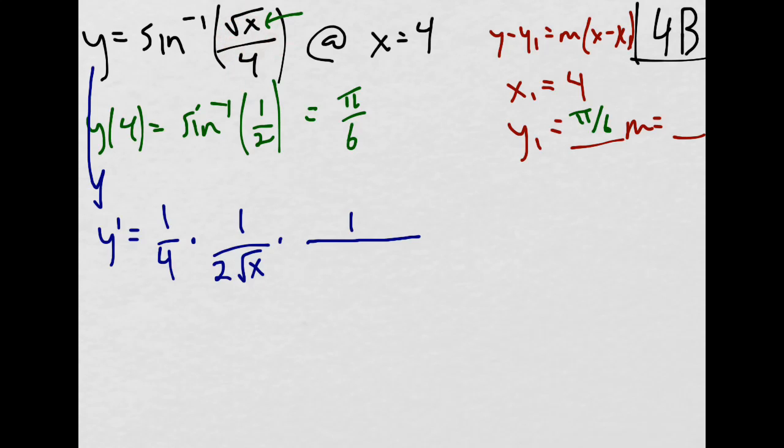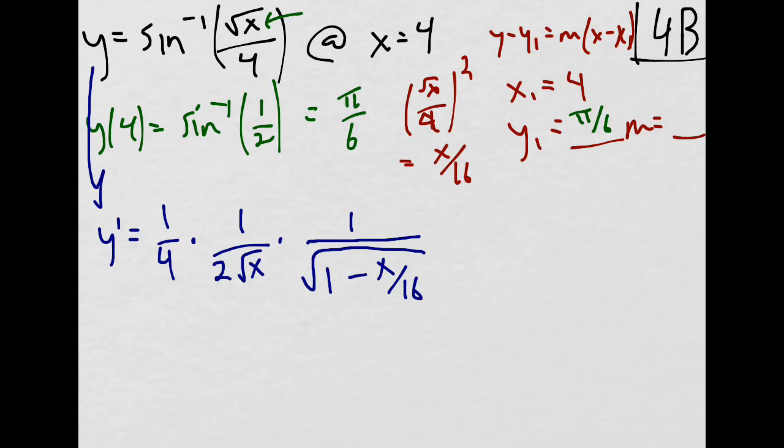So 1 over root 1 minus, so I need to square that thing. Maybe I'll show a little bit of work here. I need to take root x over 4 and square it, which gives me root x squared, which is x, over 4 squared, which is 16. So what I get right here is minus x over 16. That's the long form of what the derivative is.